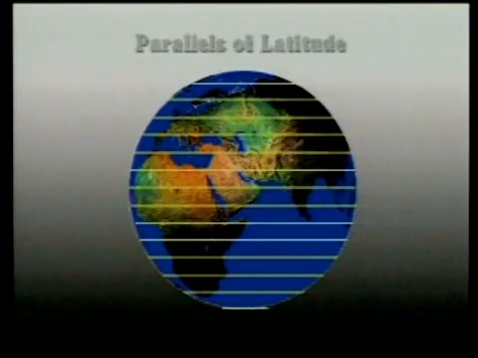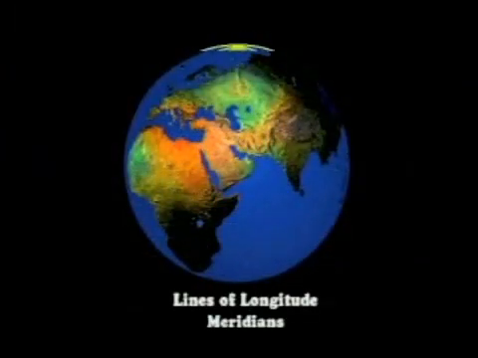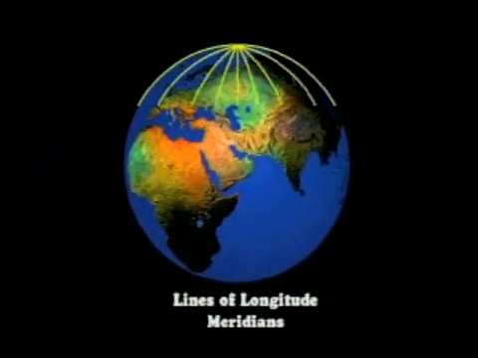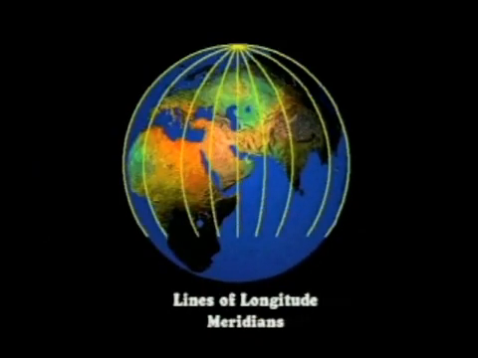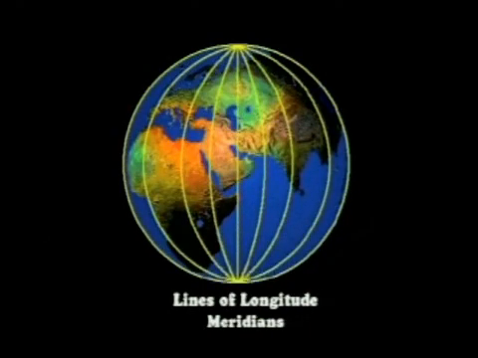So far, we've discussed the first part of the grid system found on globes, parallels of latitude. Now let's take a look at the second, lines of longitude, also called meridians. As you can see, they run north and south, and unlike lines of latitude, they don't lie parallel to each other.